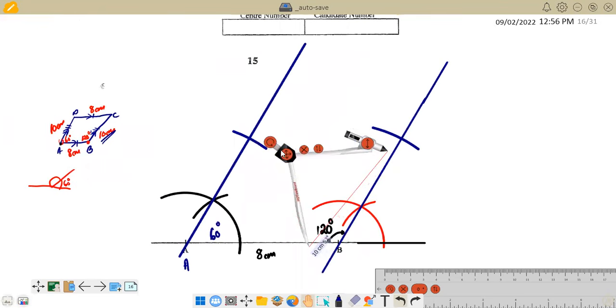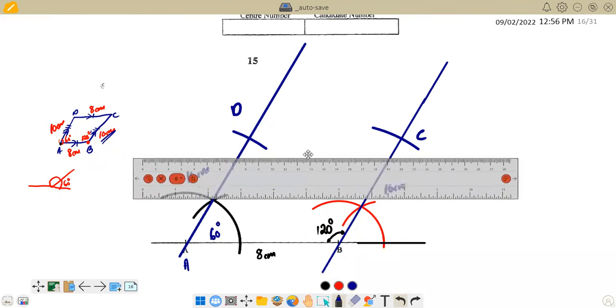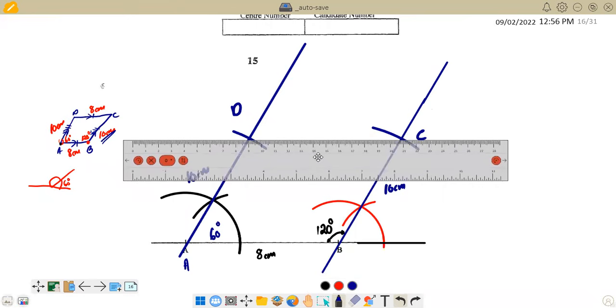All right, so with this part, what are you going to do? We know that from B to C, definitely if this is 10 centimeters, this is our C and this is our D. So just join these 2 points, then we can complete our shape.